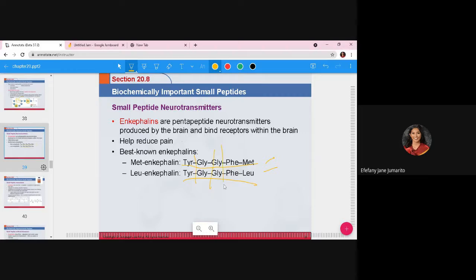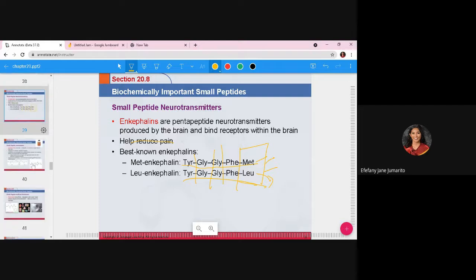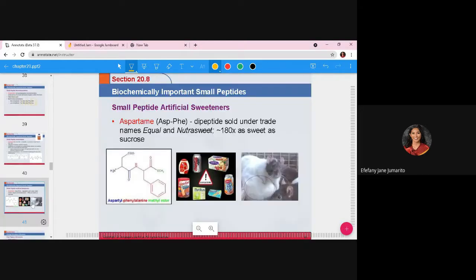The only difference is met, which is methionine, and then we have the leucine. Okay, you have to be familiar with the amino acid classes. There are 20 of them in all. So it helps reduce pain. So those pain relievers, those drugs, have enkephalins. Okay. Now we have this one.